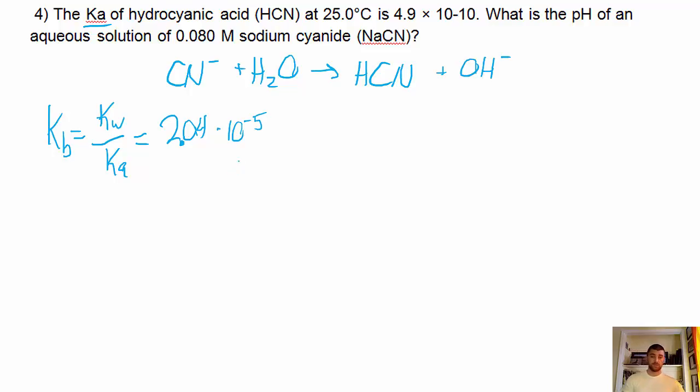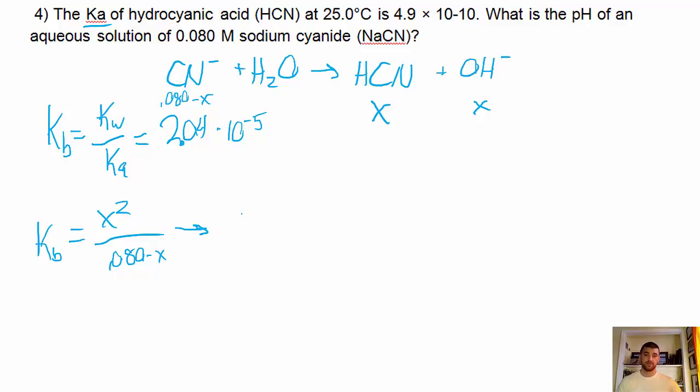So now I'm going to do like what I did in the other problem. How much HCN am I going to make? X. I'm going to make the same amount of hydroxide, and the amount of CN minus that I got is going to be 0.080 minus X, how much I used up. I plug that in. I get X squared all over 0.080 minus X has to equal Kb.